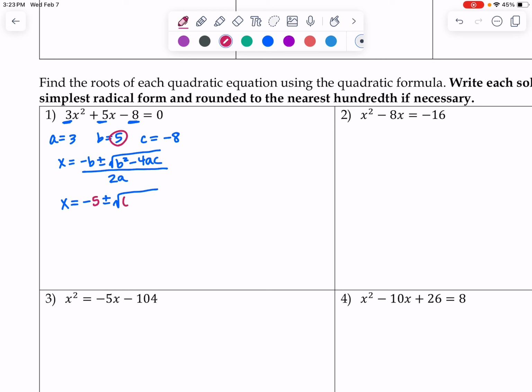And so b, I always put in parentheses, squared, minus 4, and then our a value is 3, and then our c value, I guess I'll use that, is negative 8, all over 2 times our a value, which is 3.